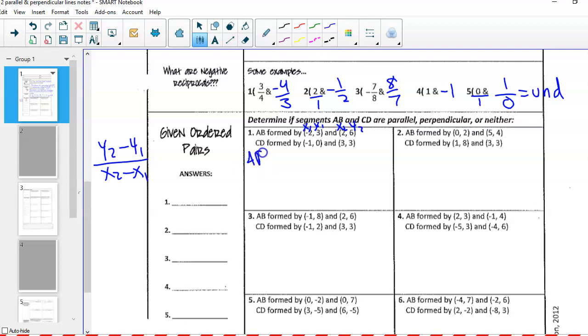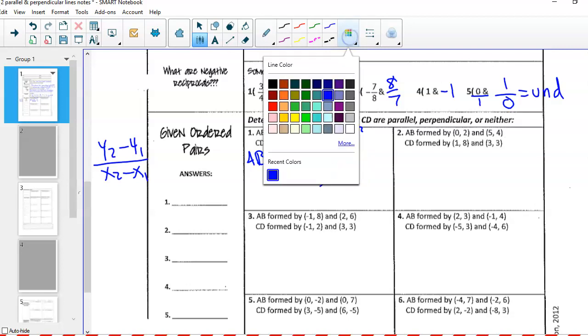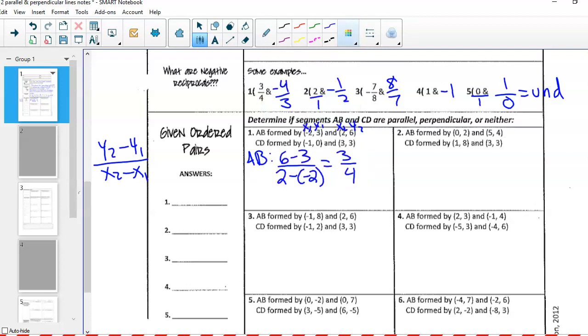So for AB, this would be 6 minus 3 over 2 minus negative 2. 2 minus negative 2 is what? Positive 4. And then we need to find our slope for CD, the line segment for CD. So again, go through and label.